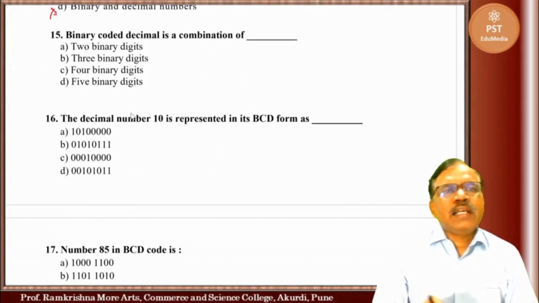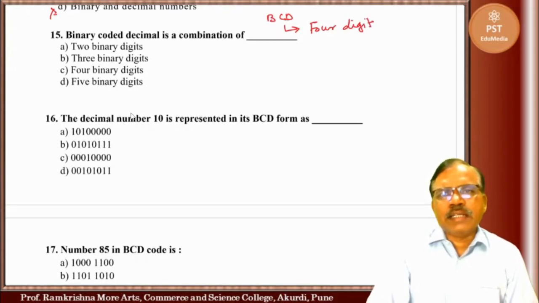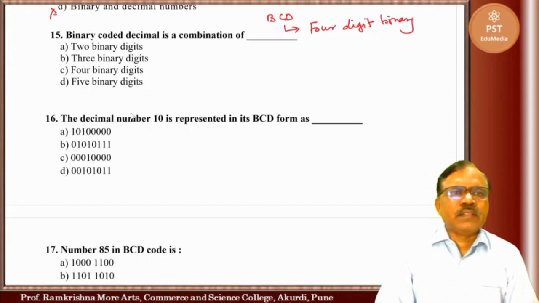Now binary coded decimal, that is BCD, is a combination of... When we want to convert a number into BCD, we take the corresponding 4-digit binary. So there are 4 binary digits in BCD.